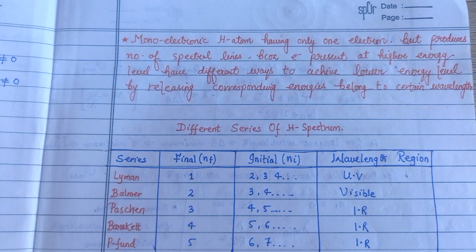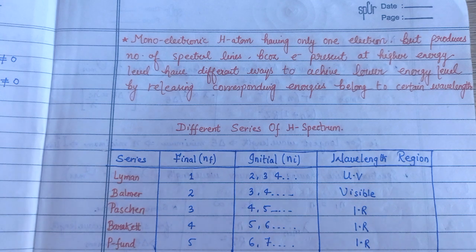My dear students, I want to give one analogy so that you can relate. Suppose you are standing on the 10th floor of a building. You may have different ways to come to a lower floor. Directly you can come to the third floor. Maybe directly you can come to the first floor through the lift.